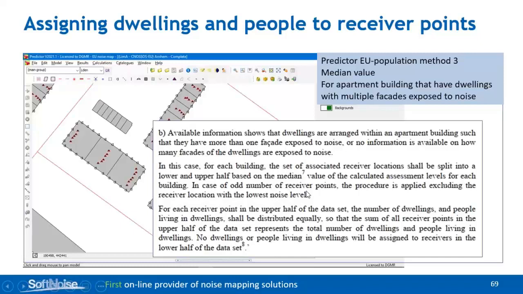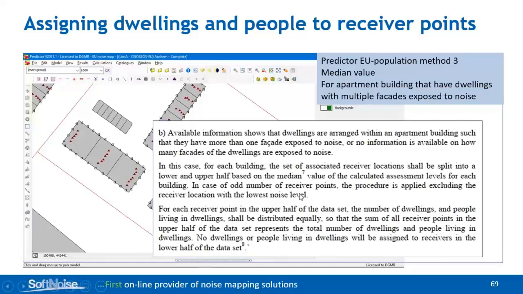And that's why I think that this method, method 3, will be used the most. Because in this case, for each building, the set of associated receivers, the receiver set facade, shall be split into a lower and upper half based on the median value of the calculated levels for each building. And I will give an example later.